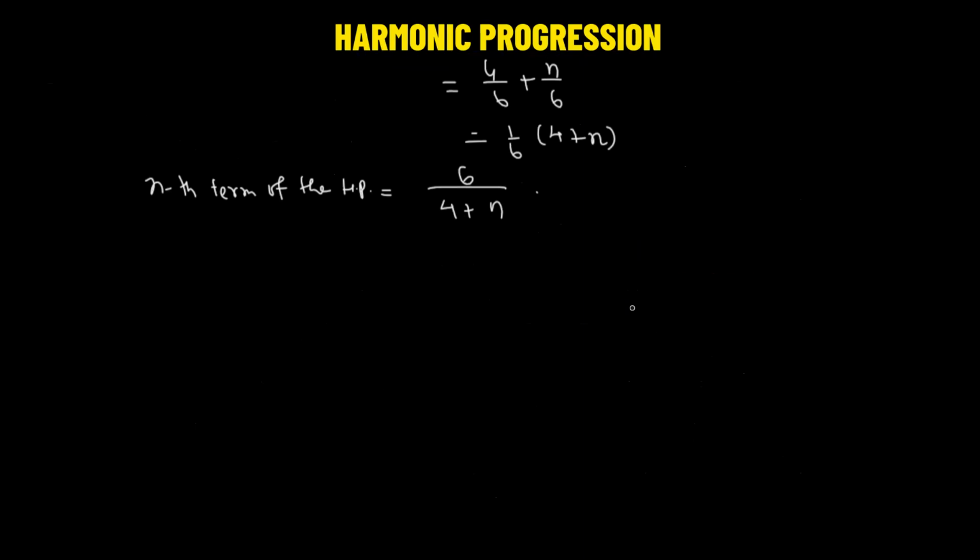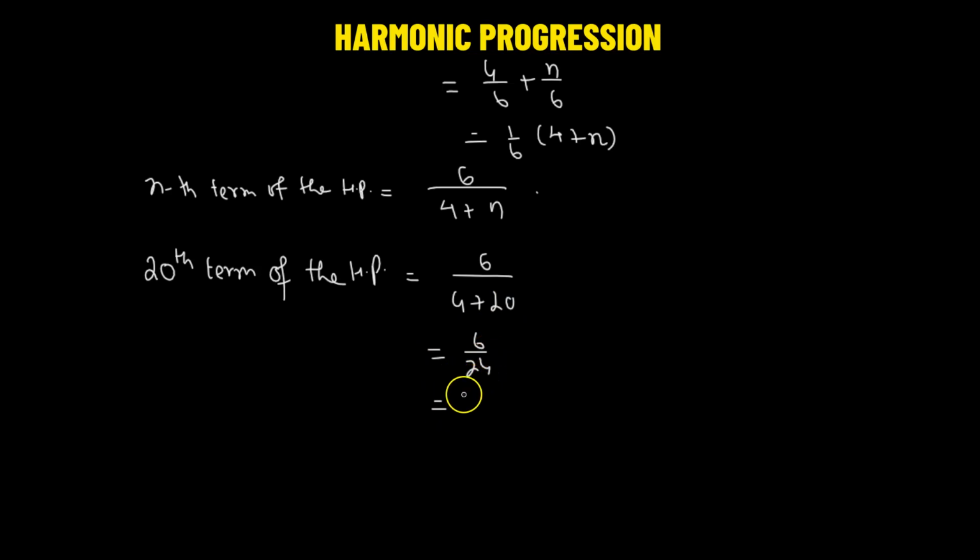So the 20th term of the harmonic progression, we simply replace the value of n with 20. So we have 6 divided by 4 plus 20, which is 6 over 24. We know 6 times 4 is 24, so we get 1/4. So this is the 20th term of the harmonic progression, and its nth term is given by 6 over 4 plus n.